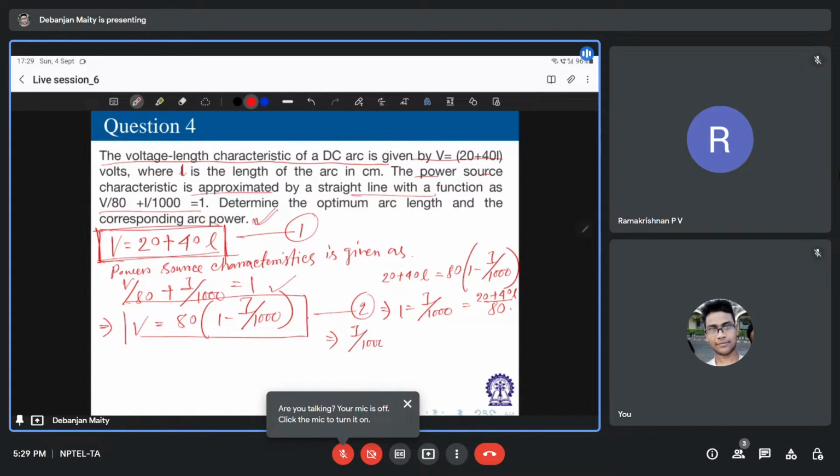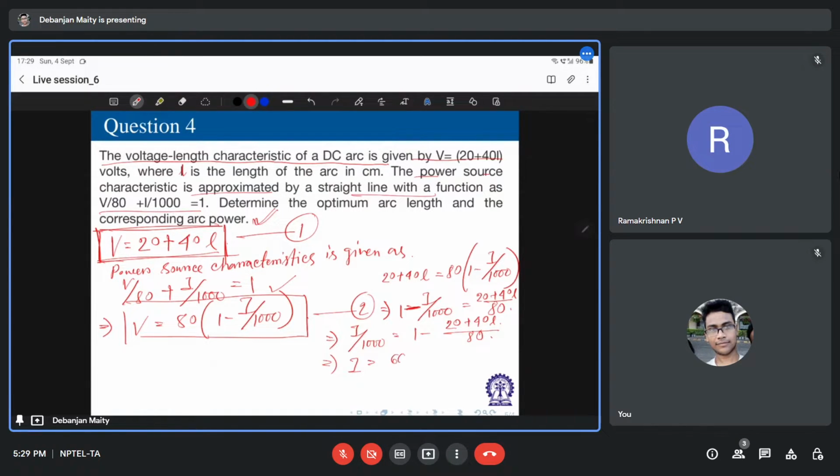I by 1000 is equal to 1 minus 20 plus 40L by 80. Now my I is coming as 60 minus 40L, that into 1000 by 80 amp. Let me move these things.